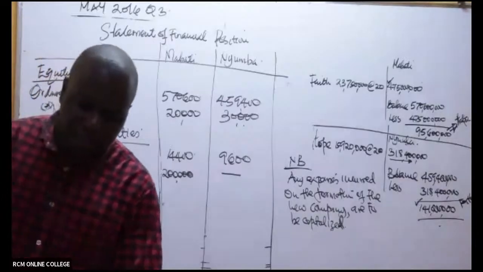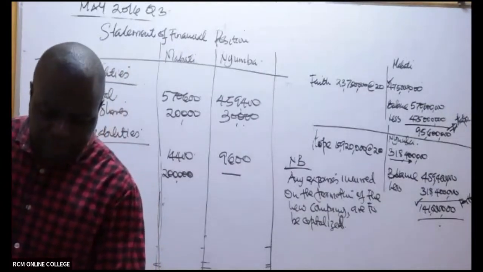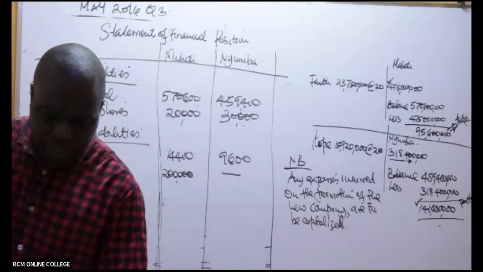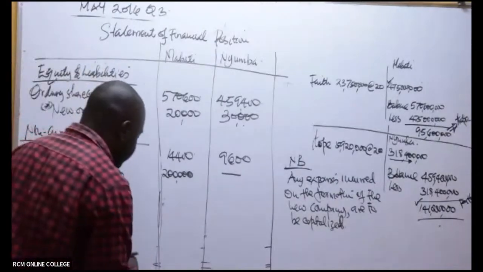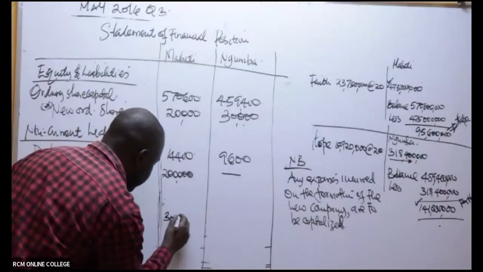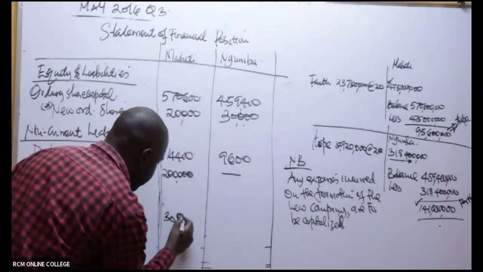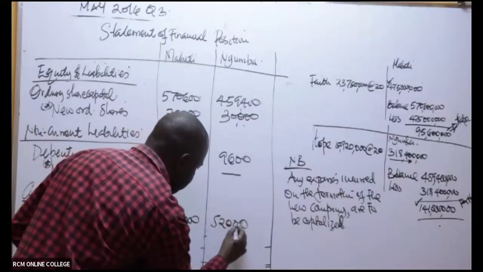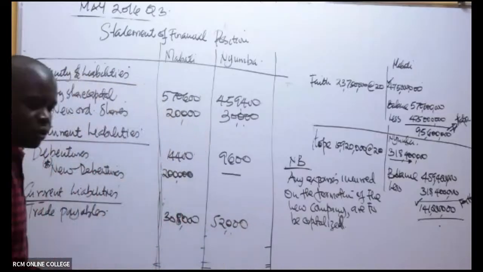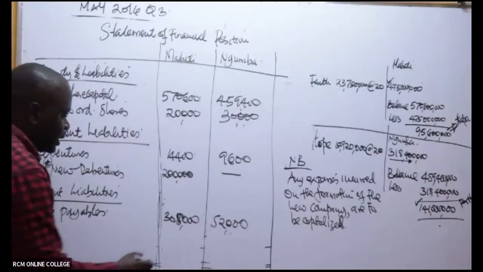Waligawana. The trade payables here, if you look at the business purchase, unaambia kwamba kulikuwa na 308 na 52 million. So all of them are done.